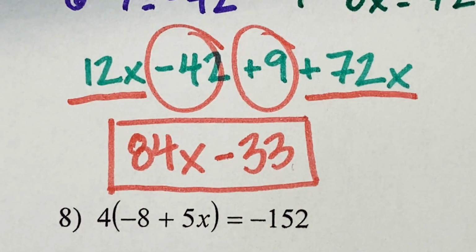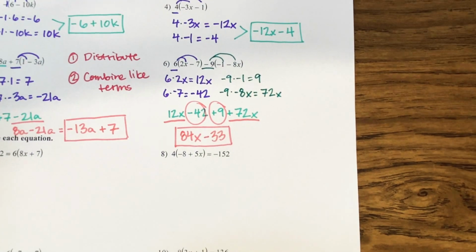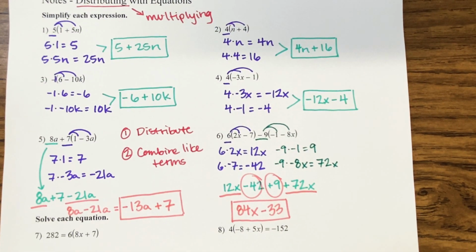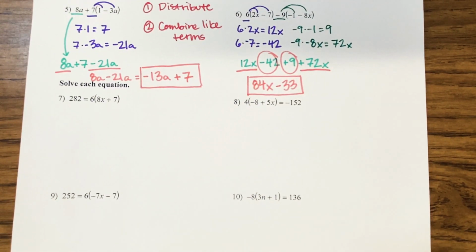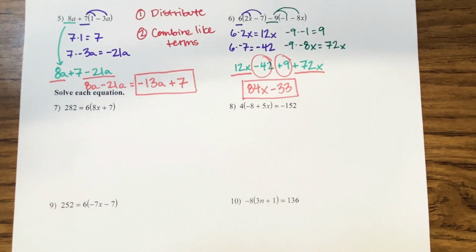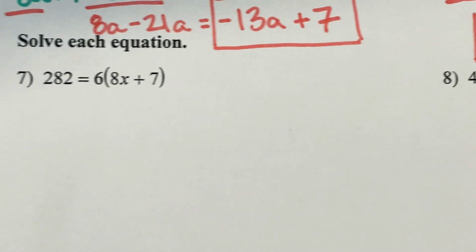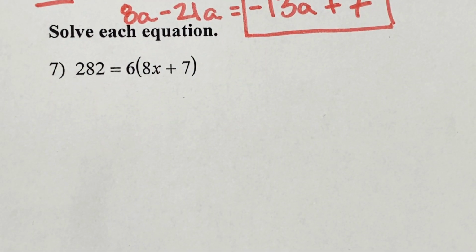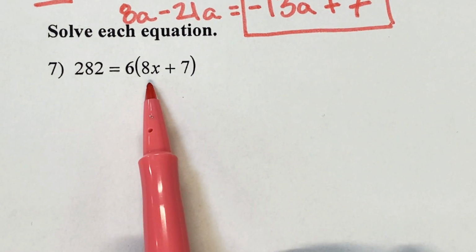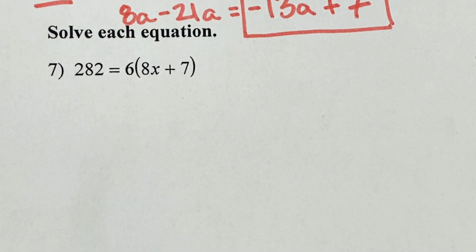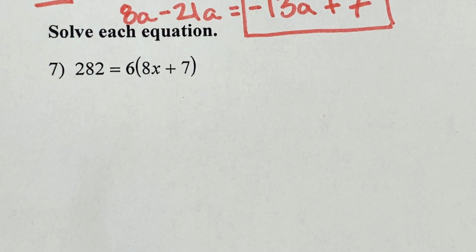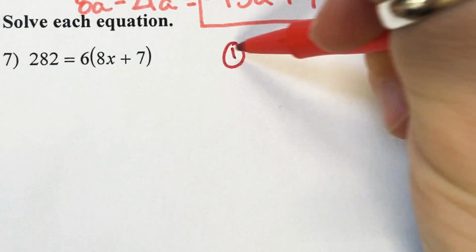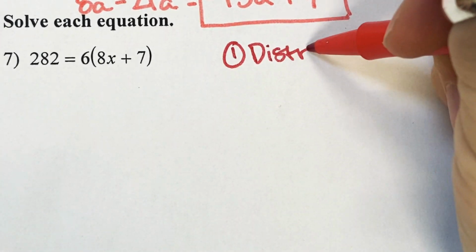Okay, so 1 through 6, we were dealing all with expressions. That was kind of like a review from last time. That's going to help us with 7 through 10, because now we are not simplifying expressions, we are solving equations. So now we're actually trying to figure out what number this x represents. Our steps for solving are going to be pretty much the exact same. So let's write them. Distribute is always our first step.